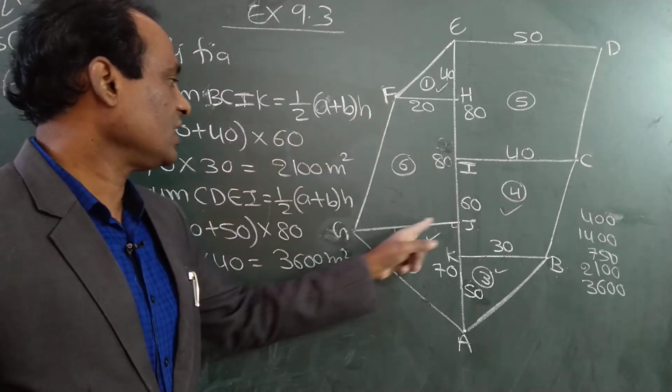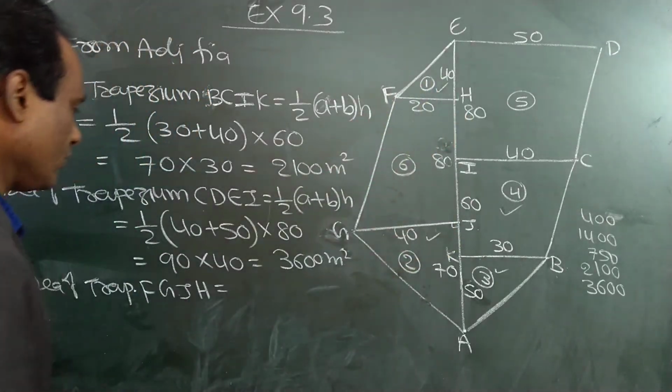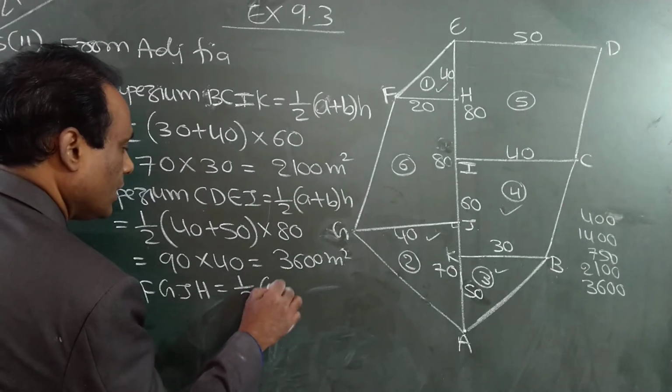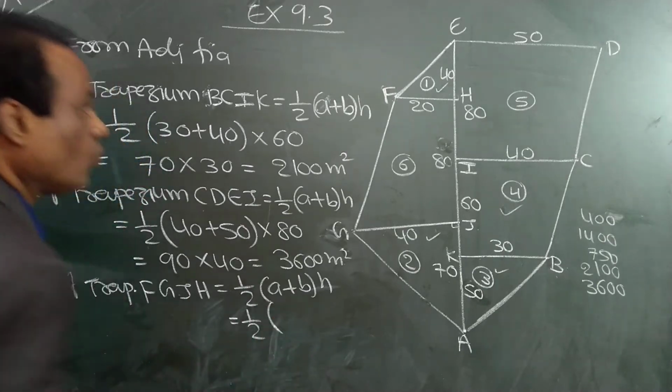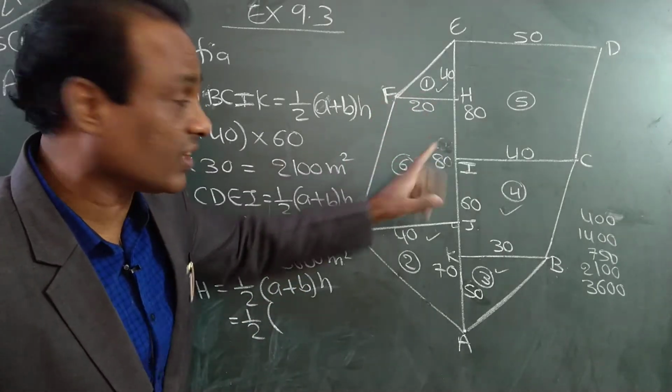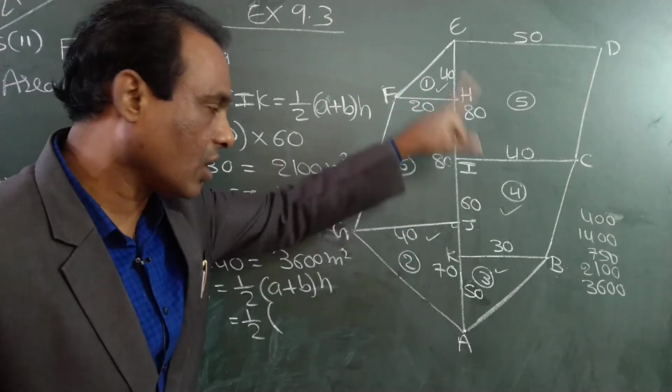F, G, J, H. Same formula, half A plus B into H. This trapezium is the sixth figure in the order.